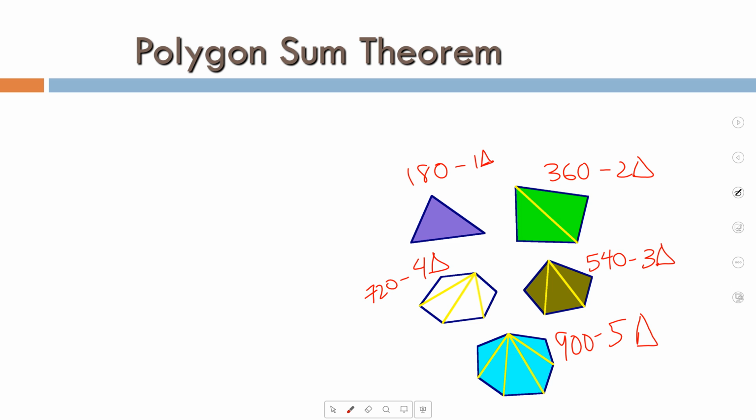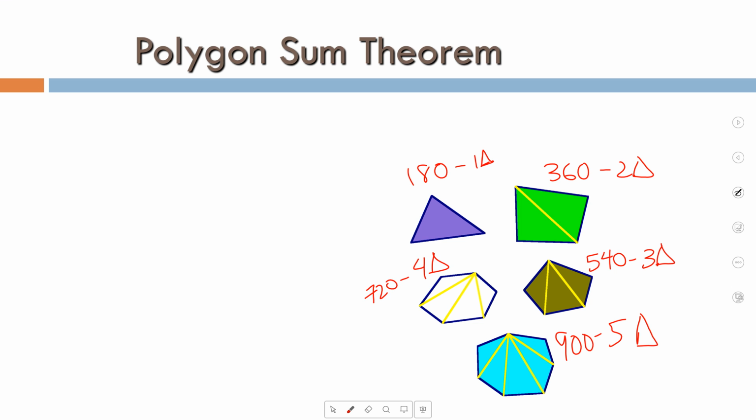Claire? 15. How do you know that? Is it like 2 minus the amount of sides there are? The other way around, number of sides minus 2. Right. So notice we had quadrilateral, 4 sides, 2 triangles, 4 minus 2 is 2. We had 7 sides, 7 minus 2 is 5, 5 triangles.